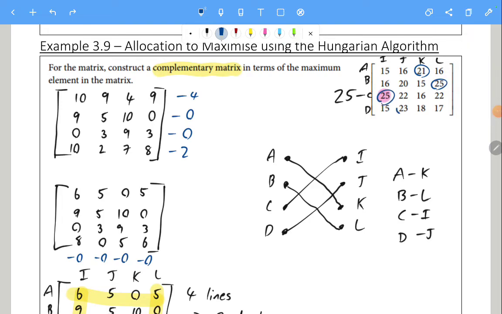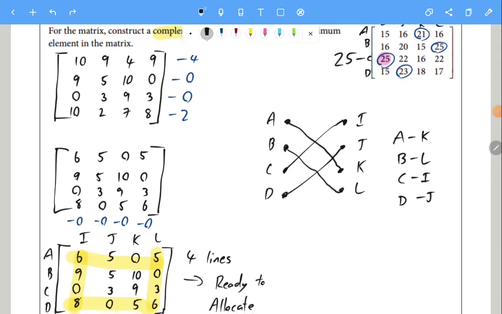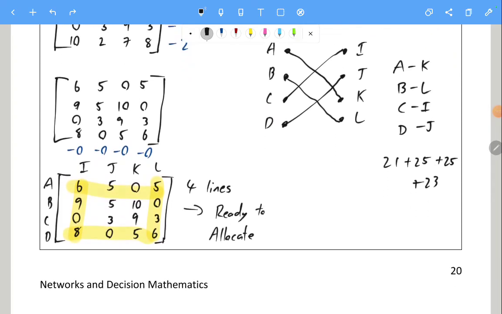And there's our maximum cost. 21 plus 25 plus 25 plus 23 is going to equal 94. Let me double check that. Yeah, 94. So that's actually the maximum.